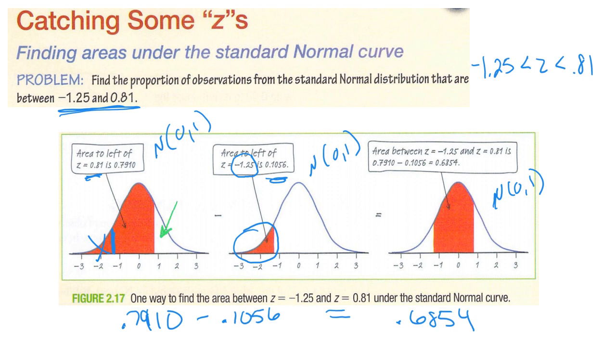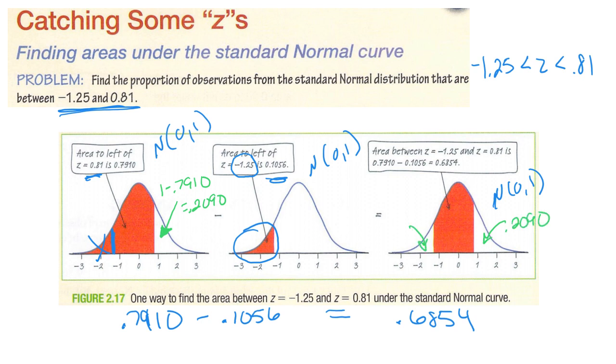Another way that you could approach this, I'll do that in green, is you could find what this area is here, right? And so to find the area to the right of 0.81, I would do 1 minus 0.7910, which will give me, let's see, 0.2090. So now I know that this is 0.2090.